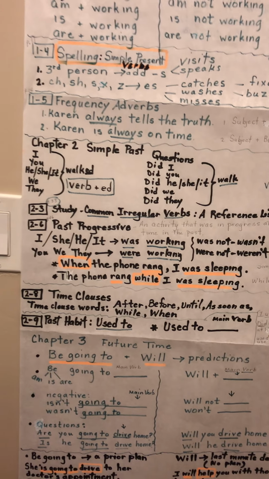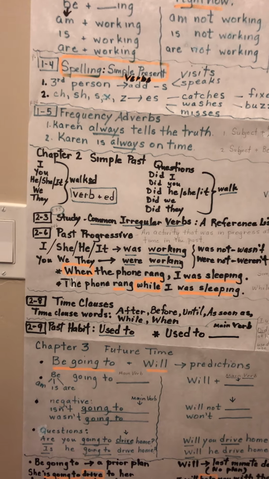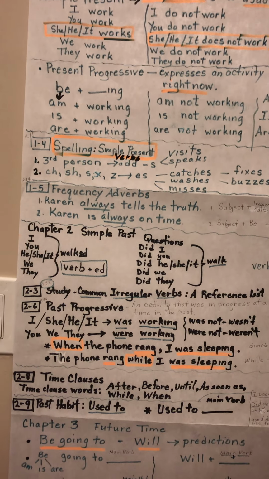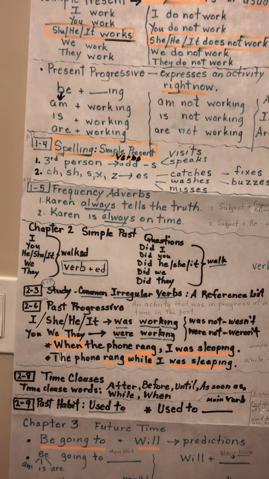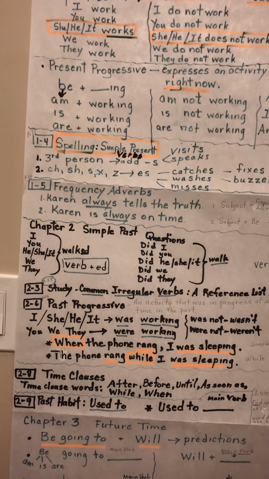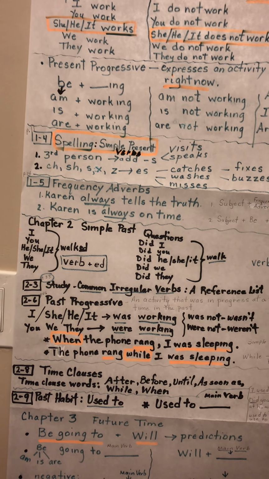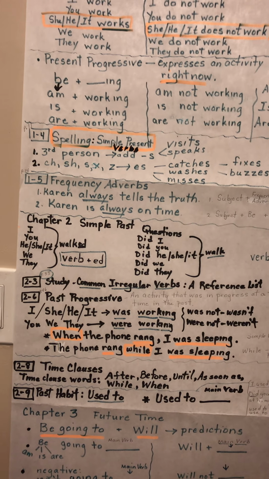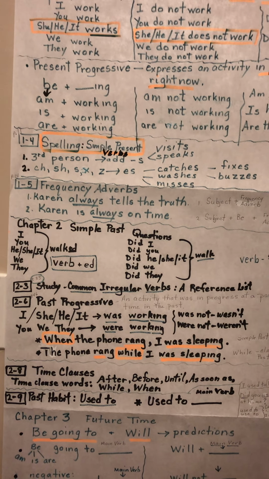Okay, chapter 2 goes into the simple past. When we look at the simple past, if the verbs are regular, all we do is get the verb and add ed. For example, I walked, you walked, he walked, we walked, they walked.